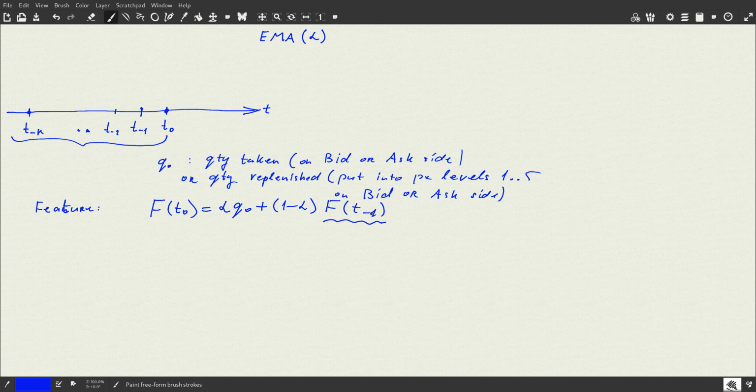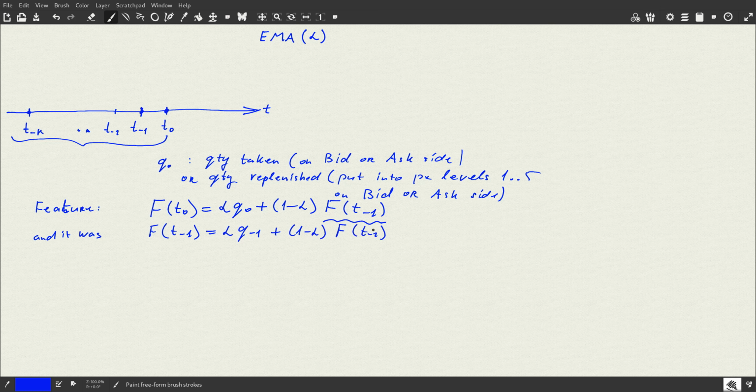But at time t minus 1, there was a very similar algorithm of how the value at t minus 1 was generated. It was F of t minus 1, in a similar way: alpha Q minus 1 plus 1 minus alpha F of t minus 2.